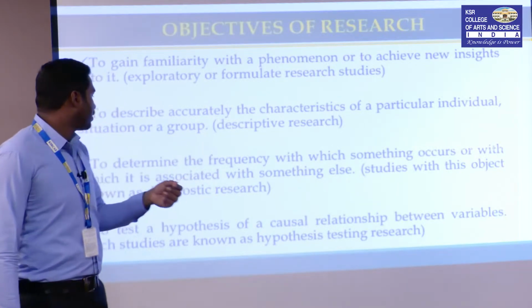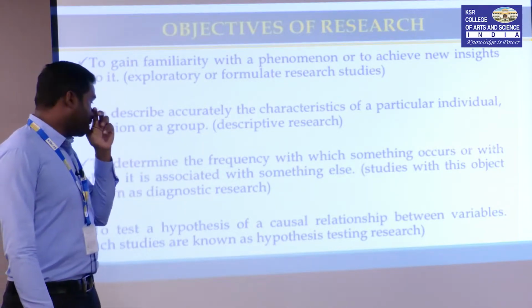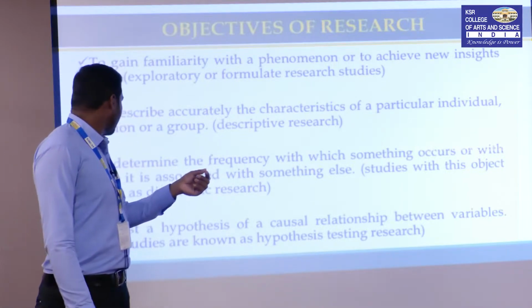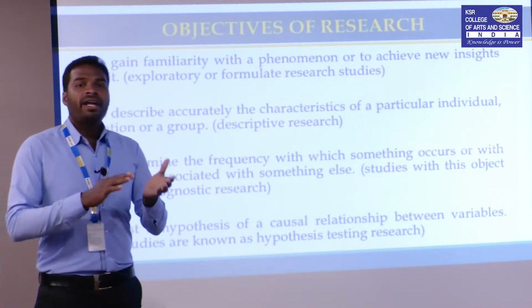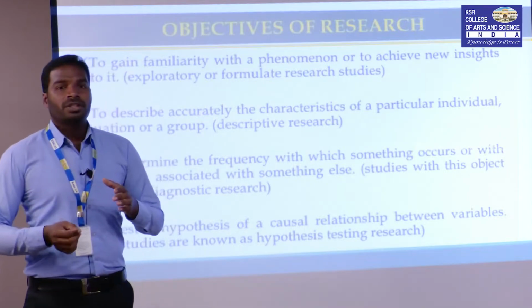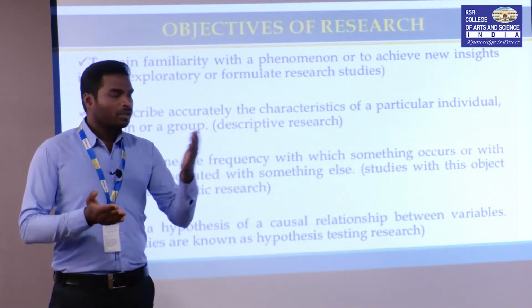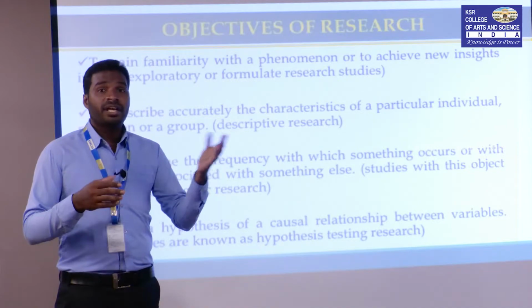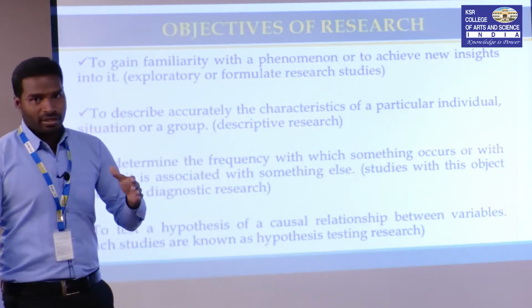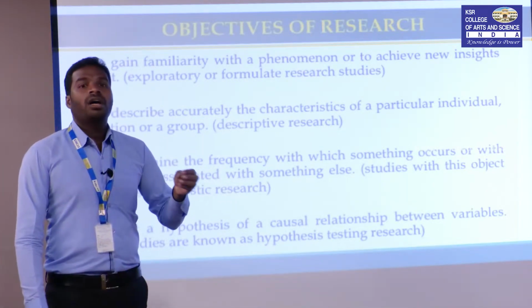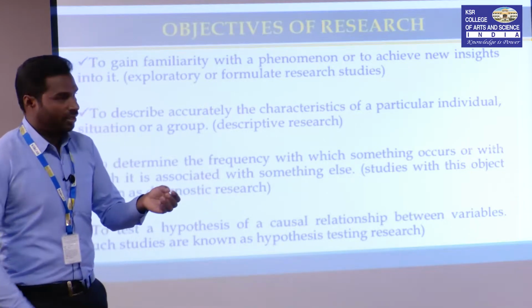We have to find such things. To test a hypothesis of a causal relationship between variables, we have to find what the relationship is between variables when they are facing a problem, and whether this relationship affects the research process or the problem that exists.